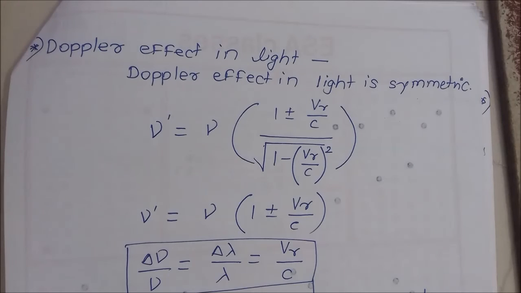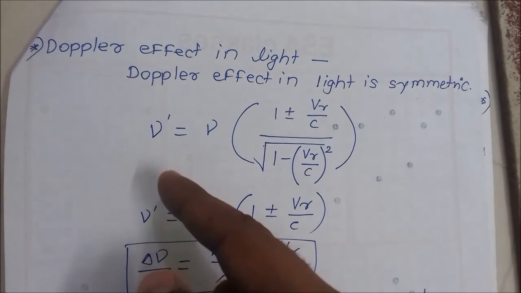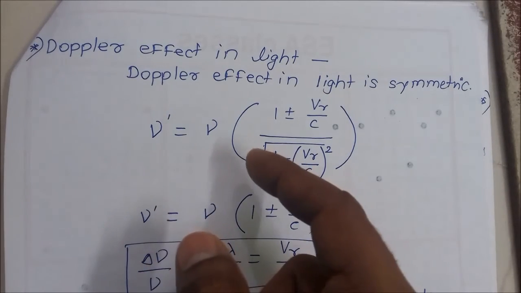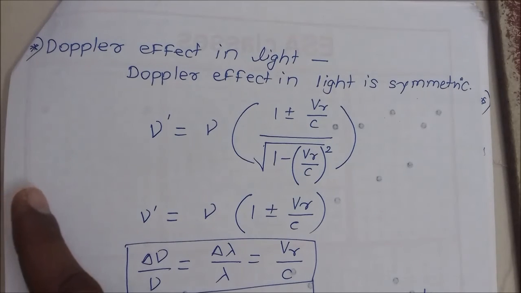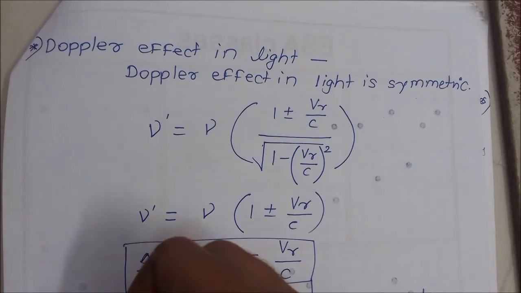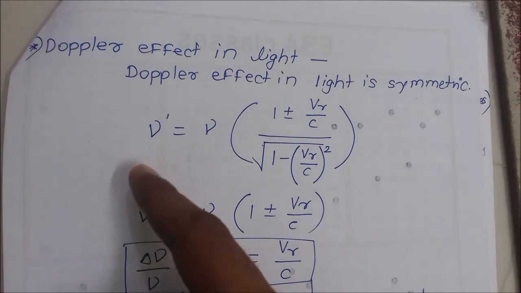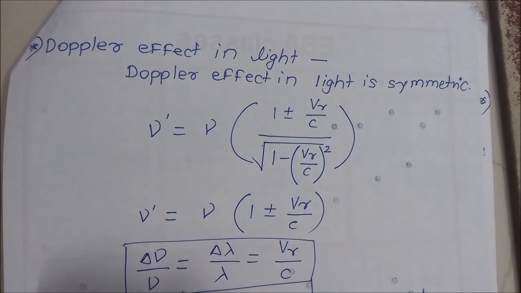For light, it is independent of which one moves, only the relative velocity matters. If the source is moving towards the observer with 30 meter per second, or if the observer is moving towards the source with 30 meter per second, the apparent frequency is the same in the case of light, but not in the case of sound. Therefore the sound Doppler effect is not symmetric, but the light Doppler effect is symmetric.